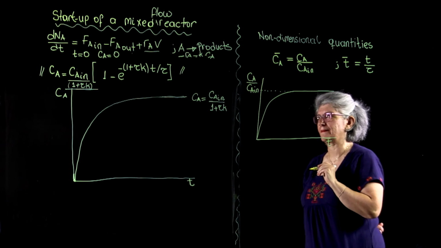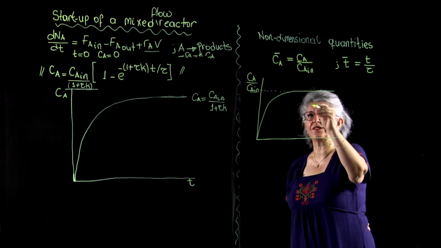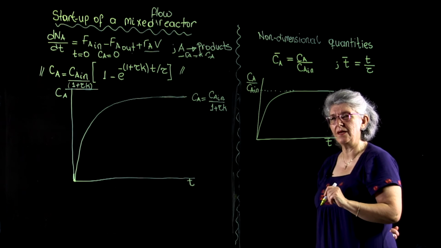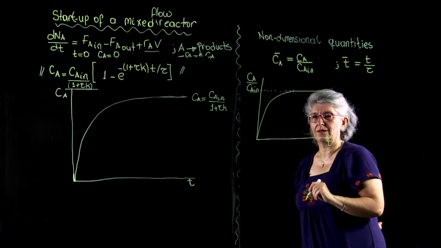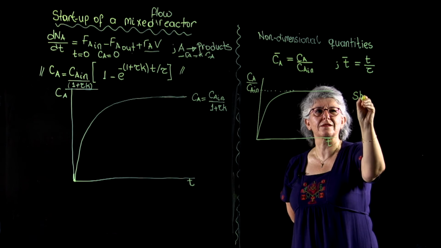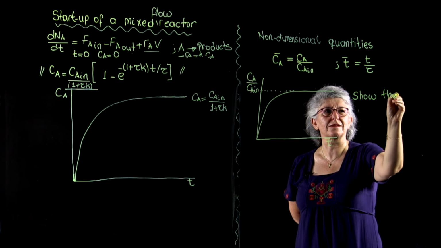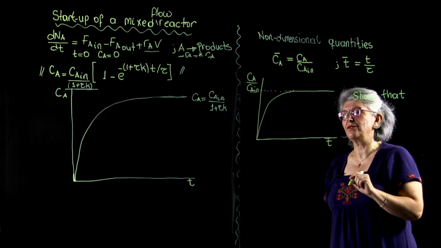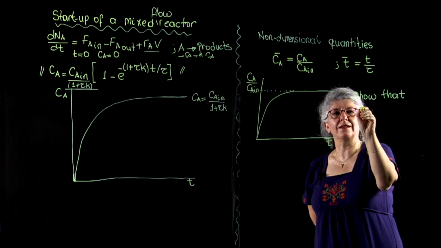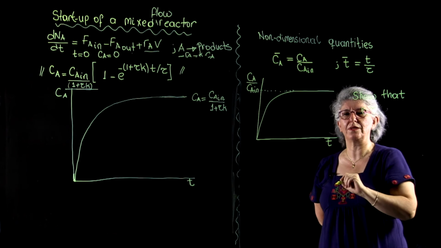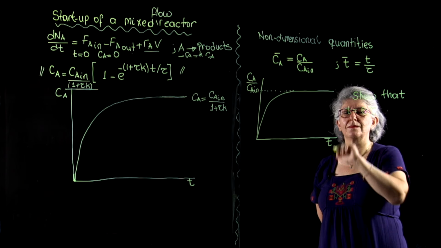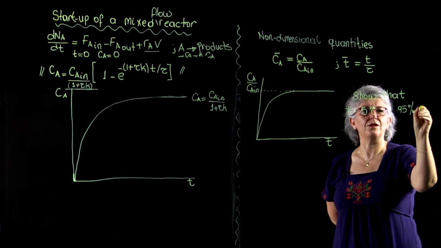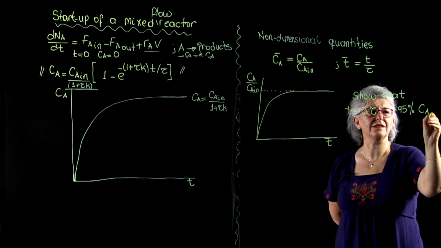The exercises that you will have, in addition to generating as many curves as possible, are going to be to show that you need 5 tau equivalents of time to reach 95% of the steady state concentration.